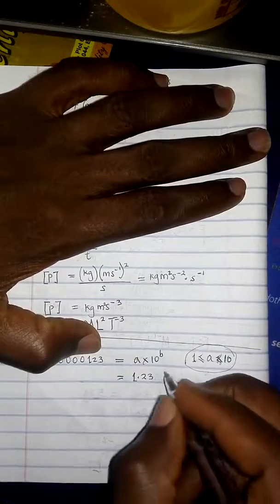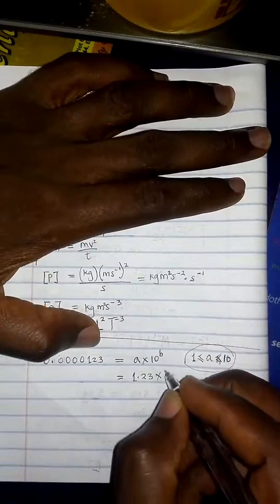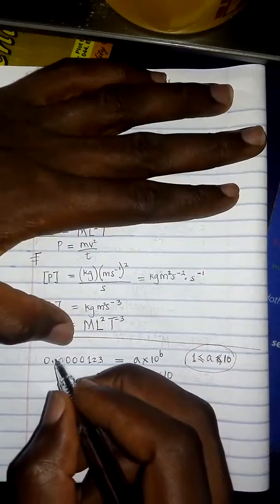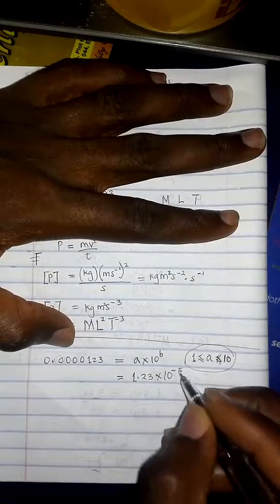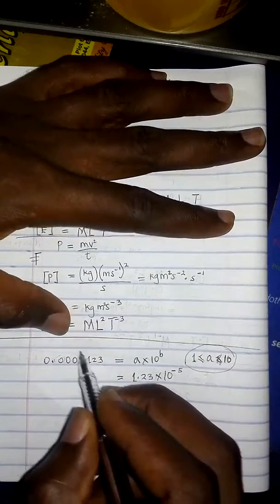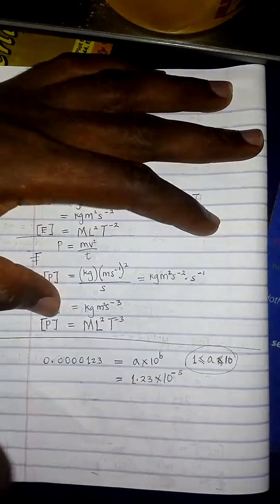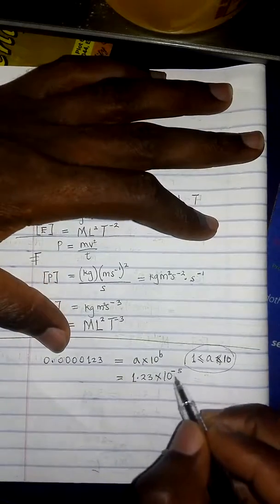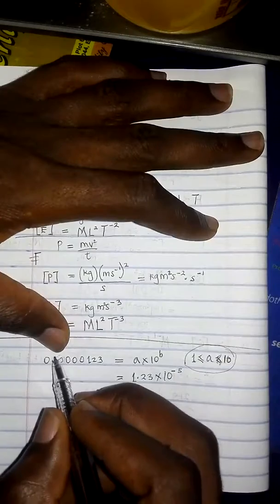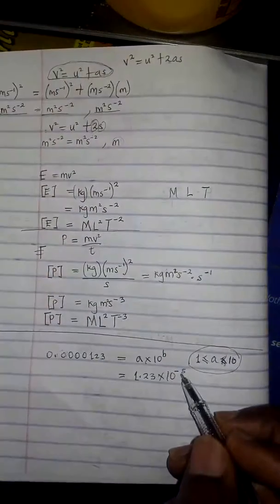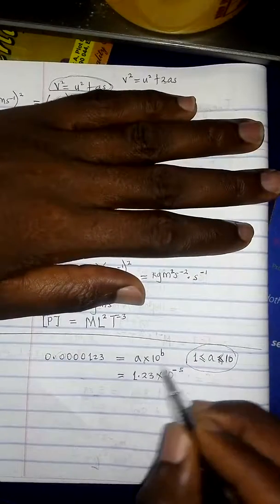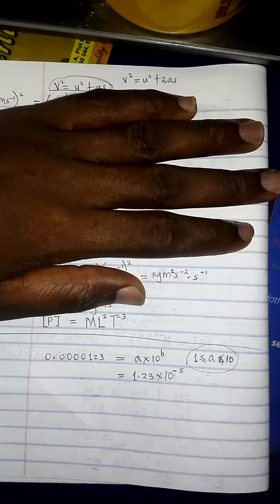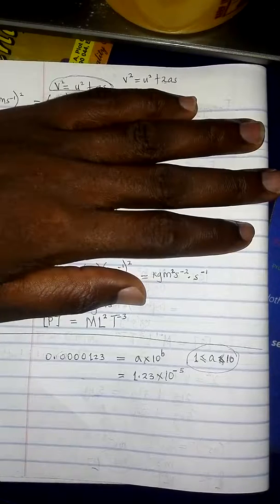To get that, I had to move my decimal place 5 times to the right, so that gives me minus 5 here. If I move the decimal place to the left, this will be a positive power. If I move it to the right, this will be a negative power. So you may come across situations where you are told to write your answer in standard form.